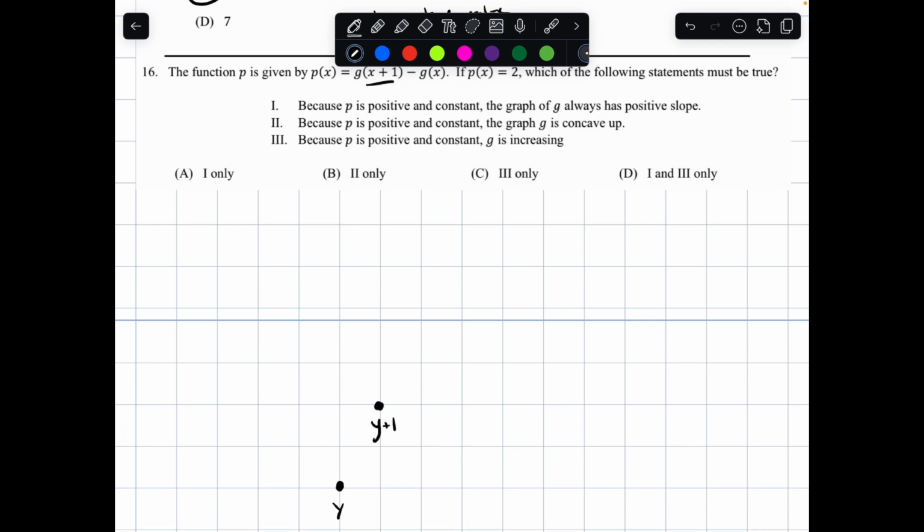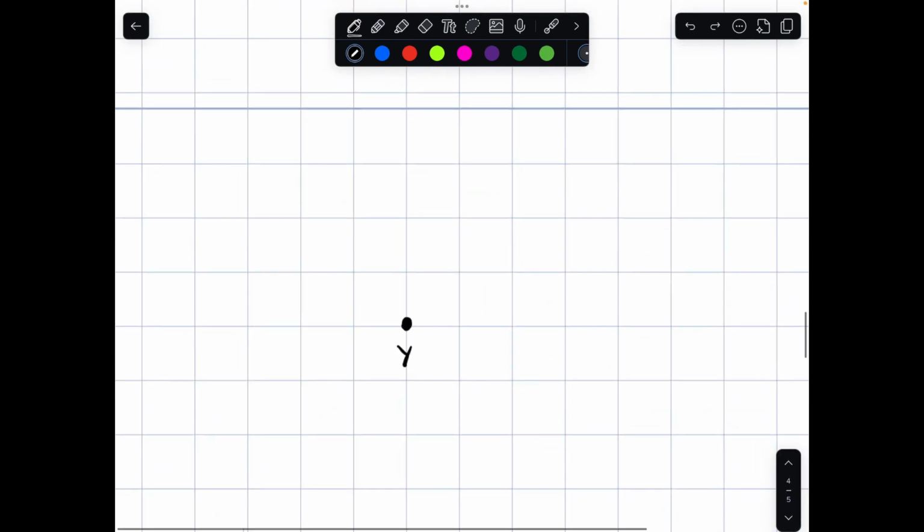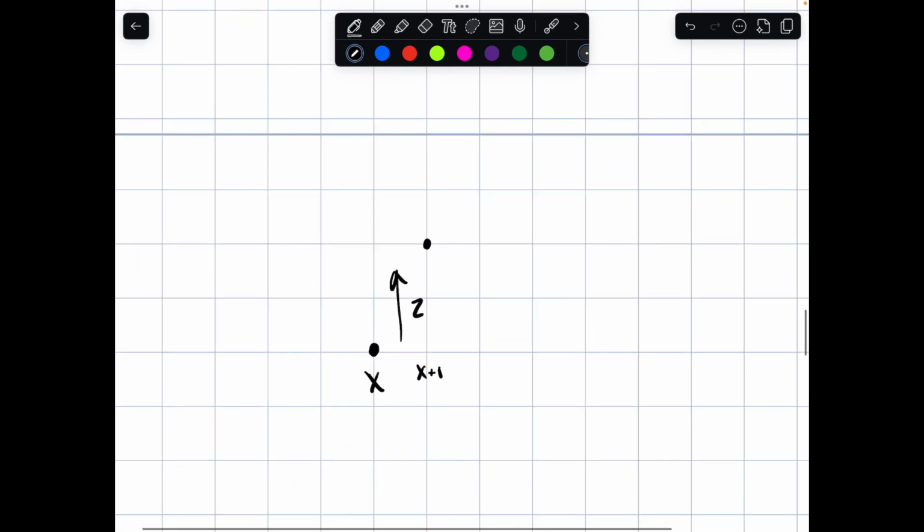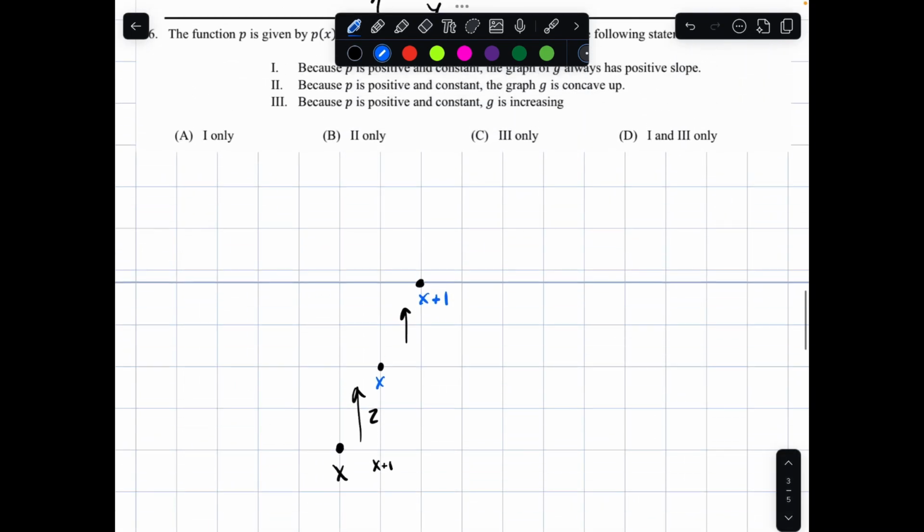So these are x values: x, x plus 1. That jump needs to be 2. And then that next one also has to be 2. You could think of this one as the x value and this as the x plus 1, so it's the next one, and it goes up 2.